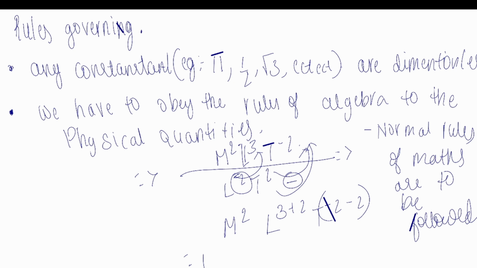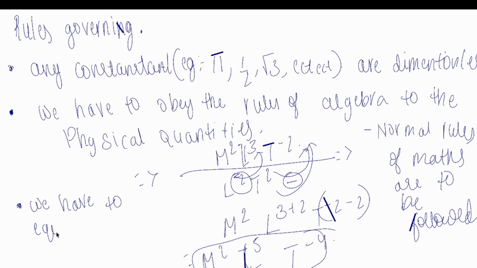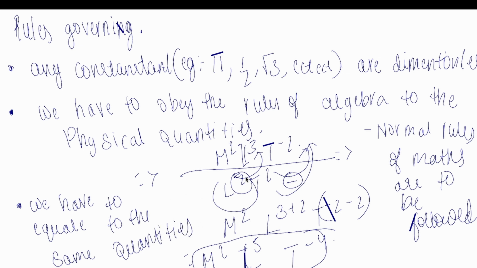When we solve this, we'll get M power 2, L power 5, T power minus 4. Moreover, we have to note that we equate only the same quantities. I cannot apply this to M or T; I have to only apply this to L. So we only do the calculation on the same quantity, which is L or T in this case.